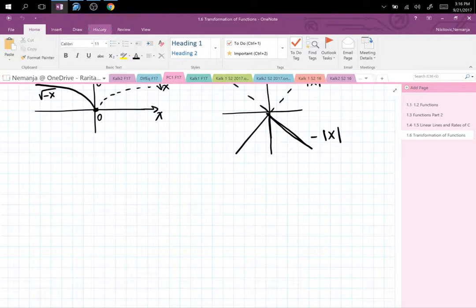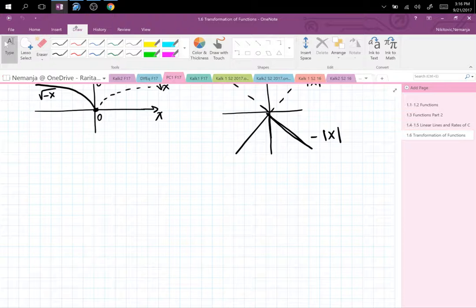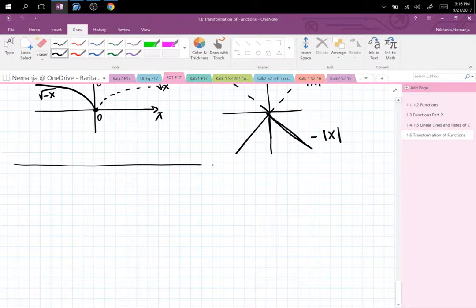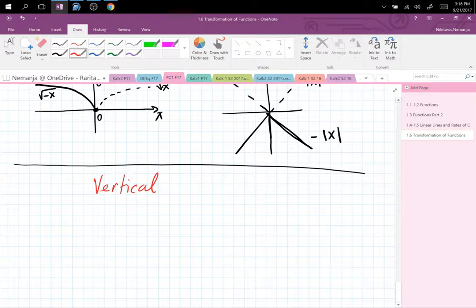So what I'm going to do is define these guys. So let's do the vertical stretch. We are achieving vertical stretch when we multiply a function by a number.